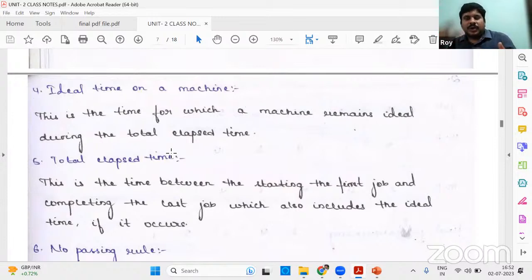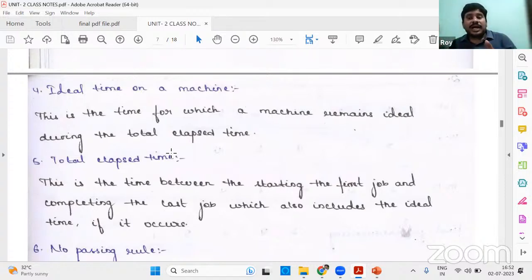Now, what is the idle time for C? 8 minutes, 5 plus 3. Nice. Now, to complete the 3 processes on 3 machines, say the third machine takes 2 minutes to complete. What is the total elapsed time? 5 plus 3 plus 2, 10 minutes. That is called total elapsed time.